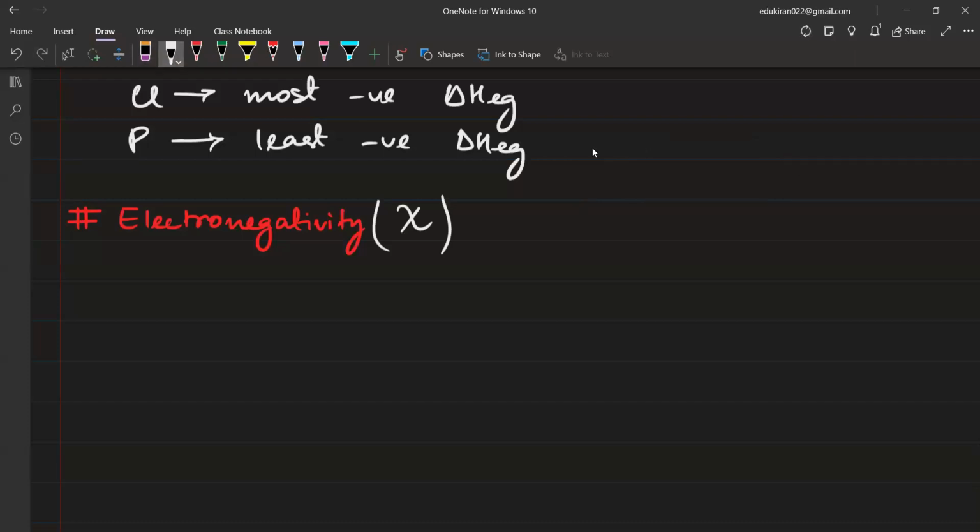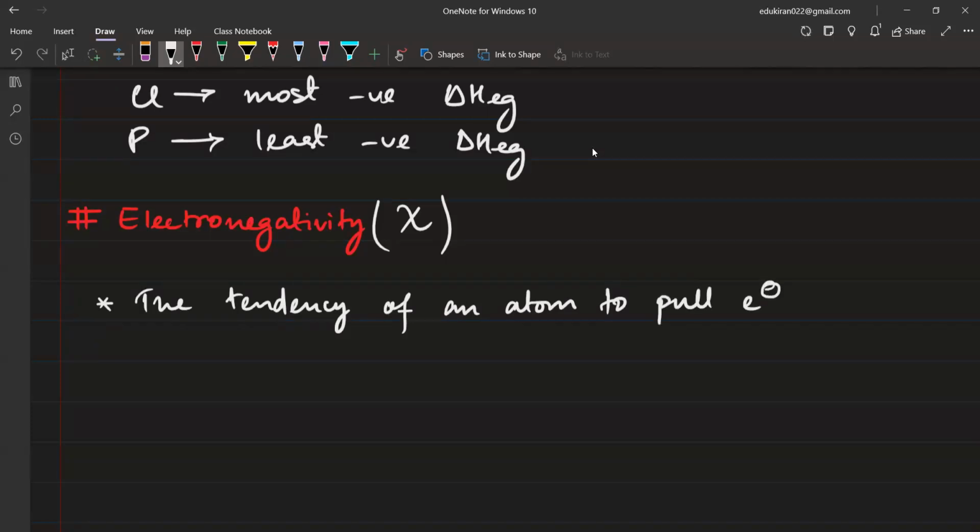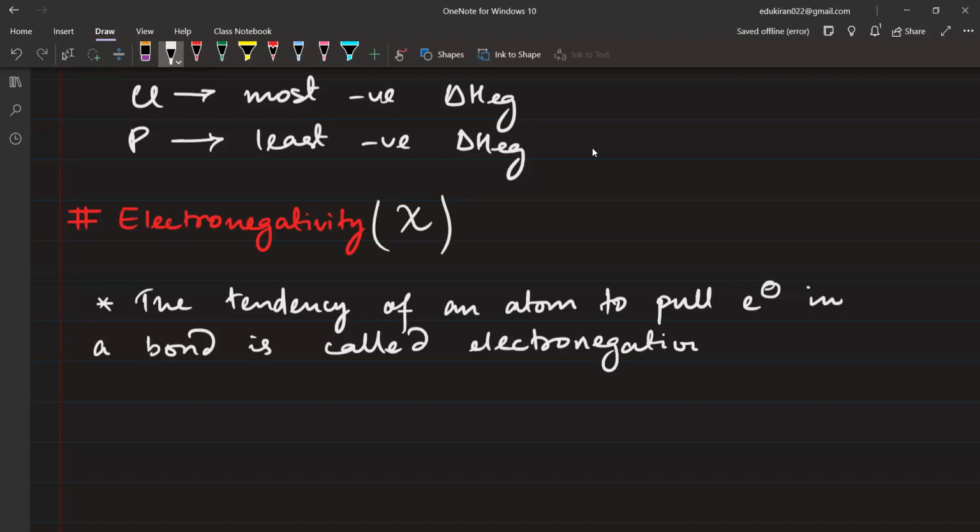It's a very important concept: the tendency of an atom to pull electrons in a bond is called electronegativity.